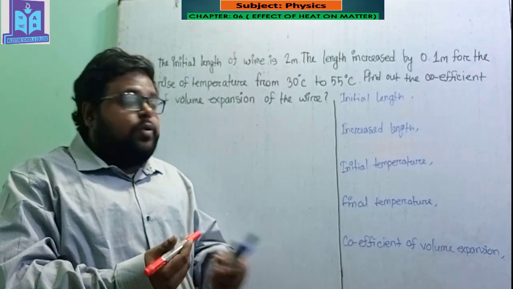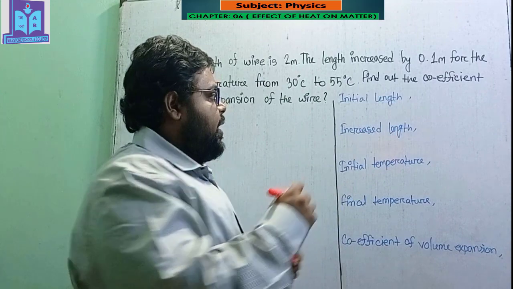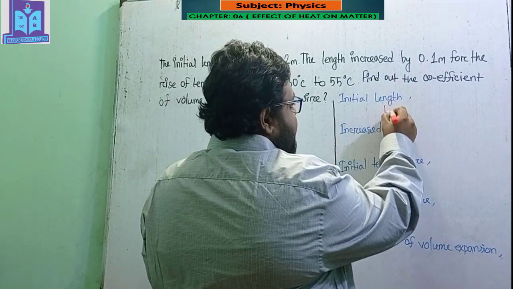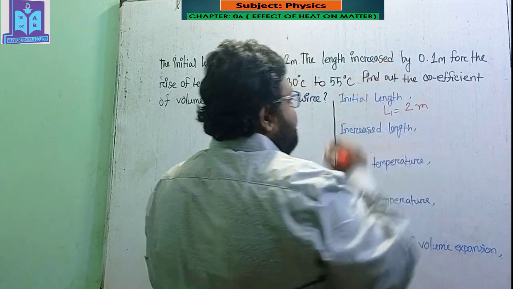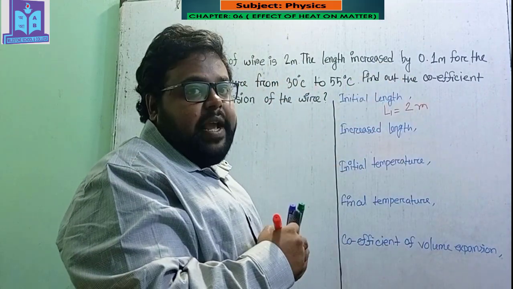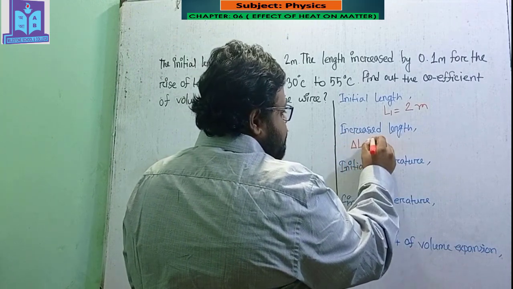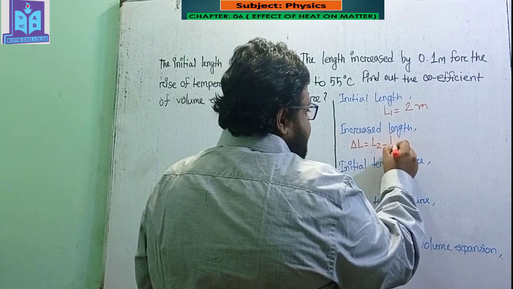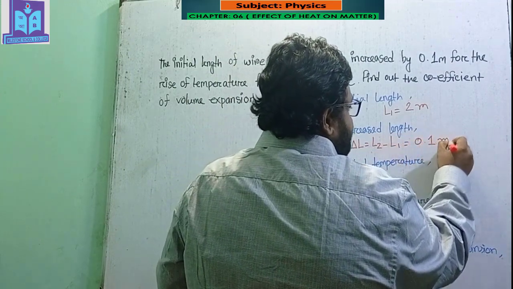Here the given values are: the initial length L1 equals 2 meter, and the increased length, that means delta L equals L2 minus L1 equals 0.1 meter.